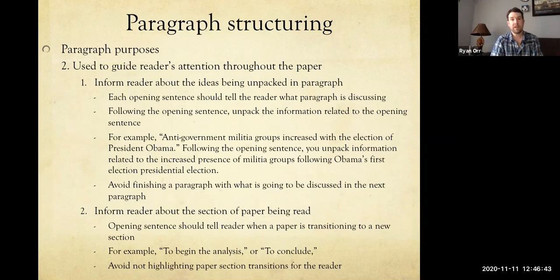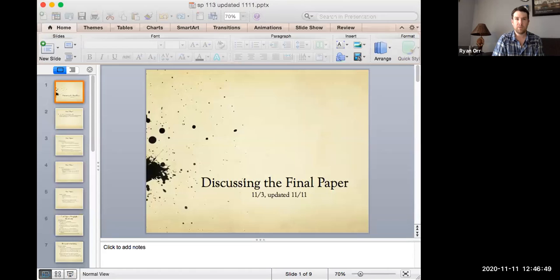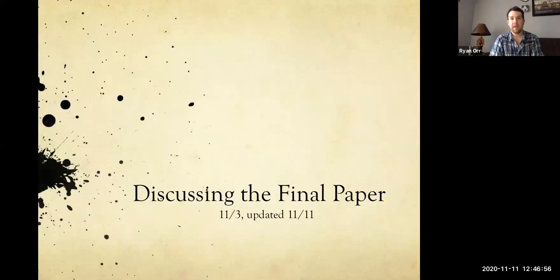So overall, that's what I wanted to do for today, throw out some more tips in terms of what you're going to be doing in your final paper of the semester and basically how you're going to be approaching it. This is something that ties into the writing component of our class.